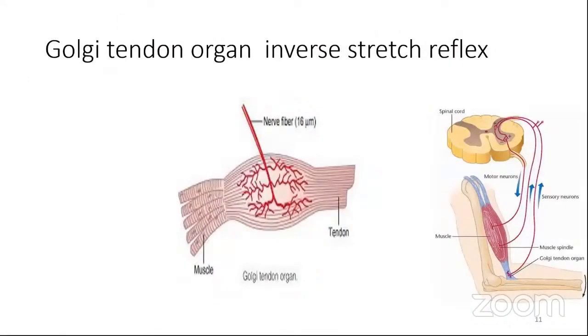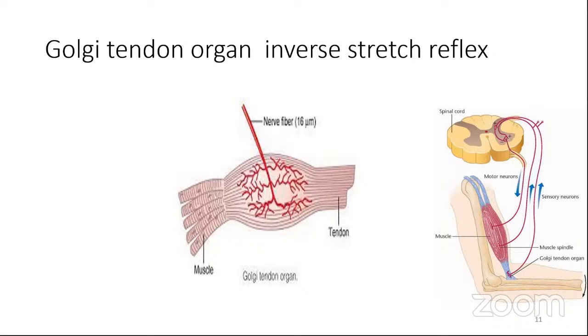So, this diagram shows the Golgi tendon organ. In the first picture you can see the nerve fibers. They are 1B fibers. They are 16 micrometers and they will innervate the Golgi tendon organs.